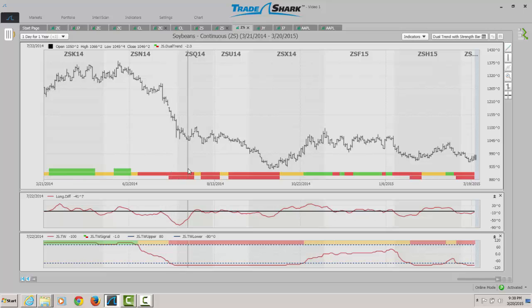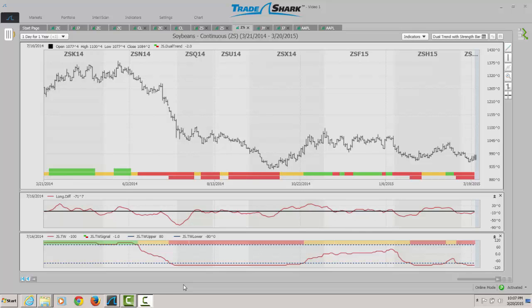Both bars red, it means both indicators are short. And when you have a yellow, essentially it means that the indicators are in contradiction and you're therefore neutral. And finally, when you have a single color, like single green here or single red here, it means one indicator is either, in this case short, this case long, and the other indicator is neutral.